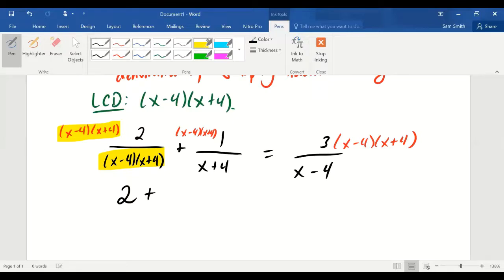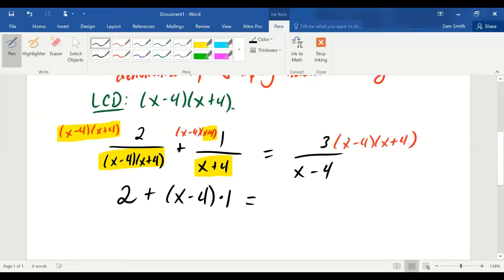Now, what about this fraction here in the center? If I have x minus 4 times x plus 4 times 1, and I have an x plus 4 in the denominator, what cancels is the common factor of x plus 4, leaving behind 1 times x minus 4, the factors that did not get canceled out.